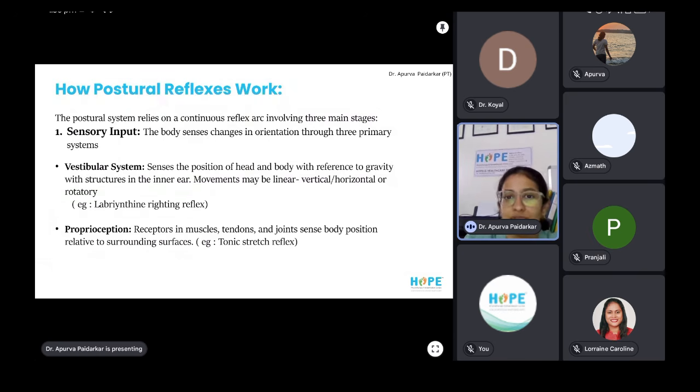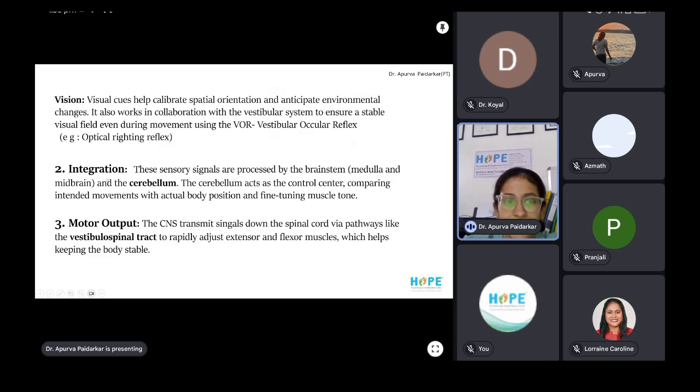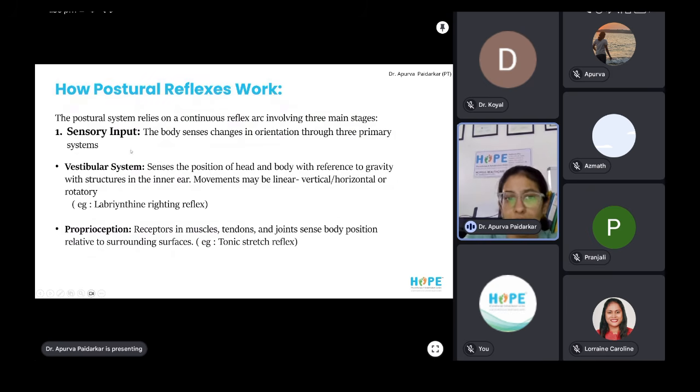So how do postural reflexes work? The postural system relies on a continuous reflex arc involving three main stages: the sensory input, the integration, and the motor output. So what comes under sensory input?